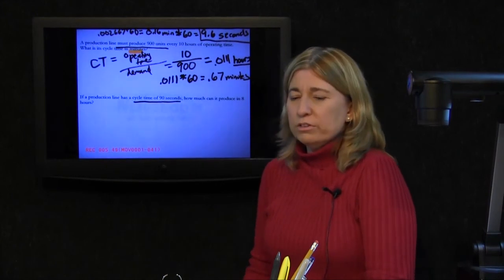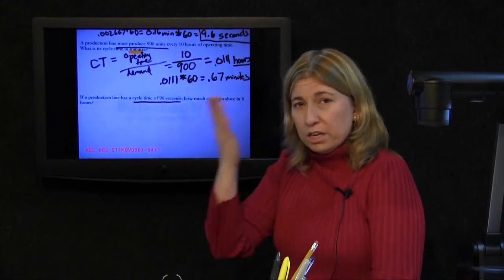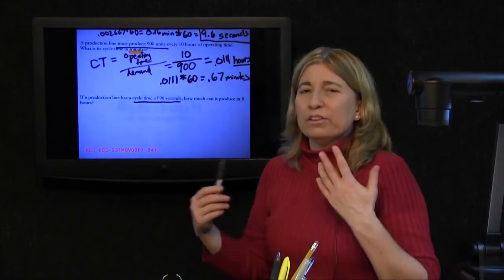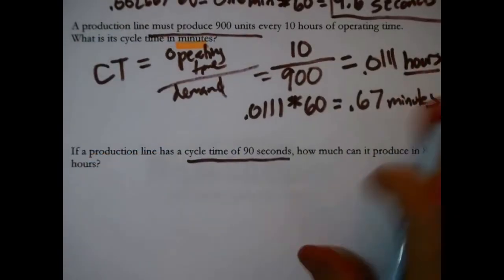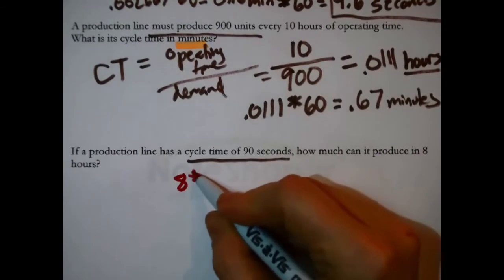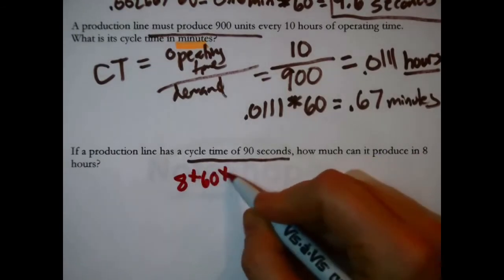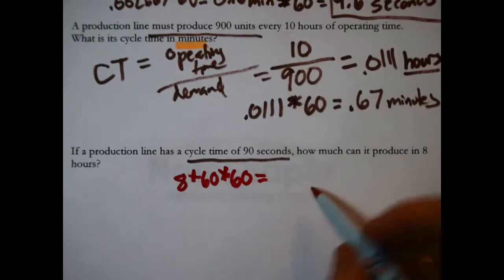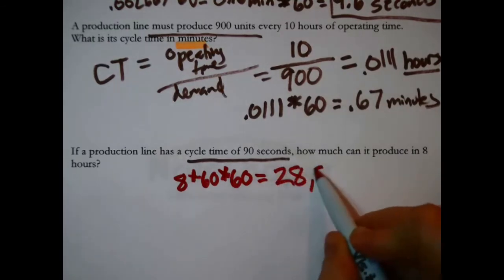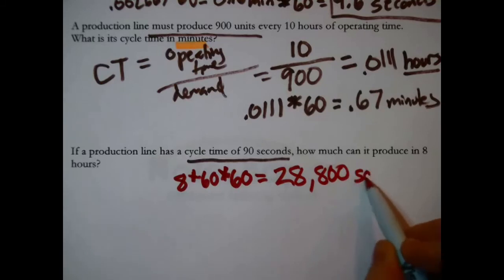The easiest way to do that, at least for me, is to first figure out how many seconds there are in 8 hours. So I say, all right, 8 hours times 60 minutes times 60 seconds reveals, wow, there's 28,800 seconds in 8 hours.